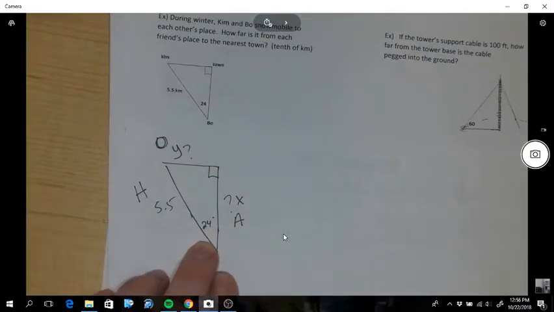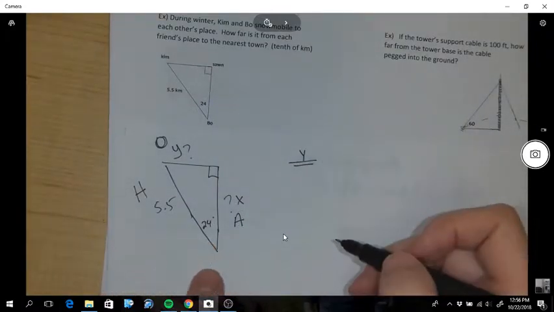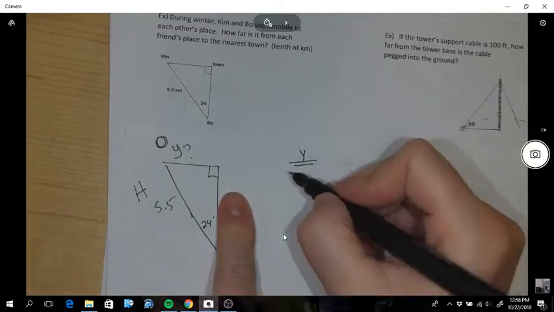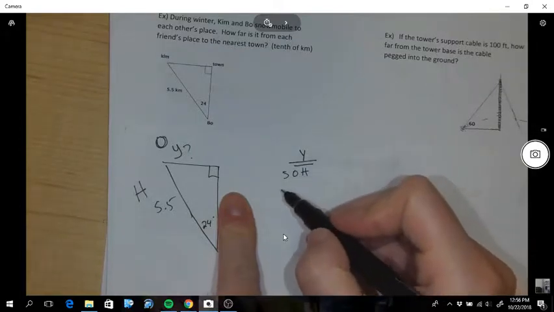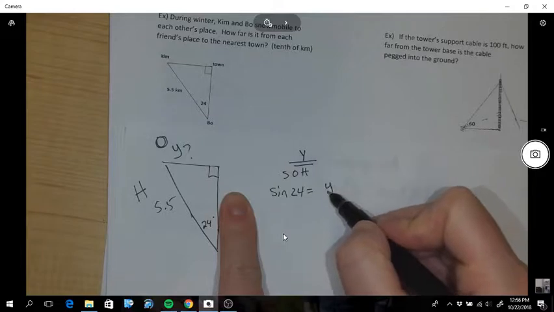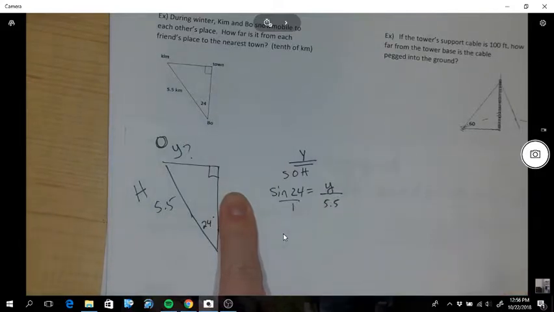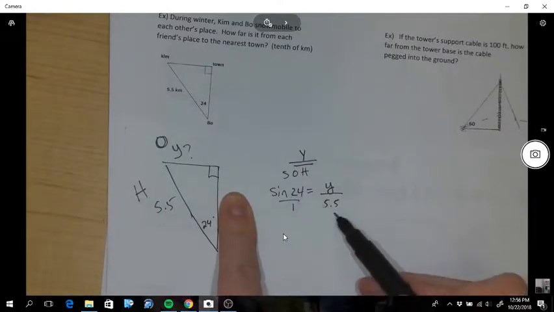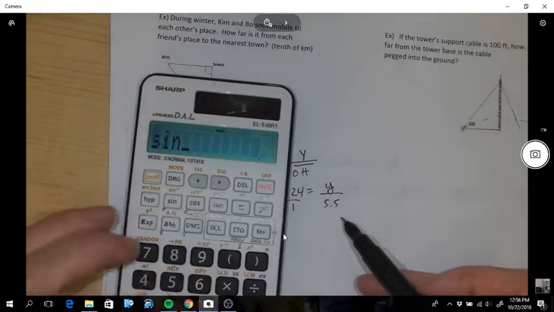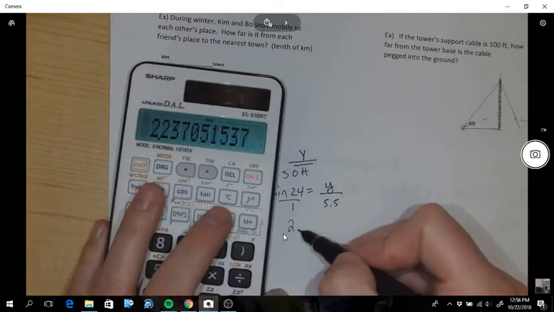Now let's do the y. When I do the y, I don't care about this side, so I have a SOH ratio. So the sine of 24 equals the opposite side over hypotenuse. So now I'm going to do sine 24 times 5.5 equals 2.24.